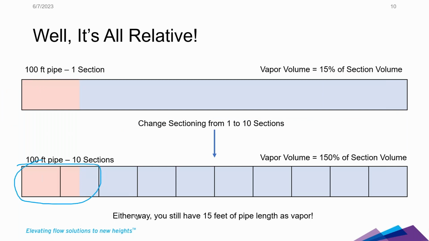But it's both the same amount of vapor volume. So when you're looking at the word warning versus critical warning, and the advice that the more your section vapor volume grows, the more uncertain your results become, that is important to pay attention to, but don't just take it with a grain of salt, pay attention carefully to what you're dealing with.